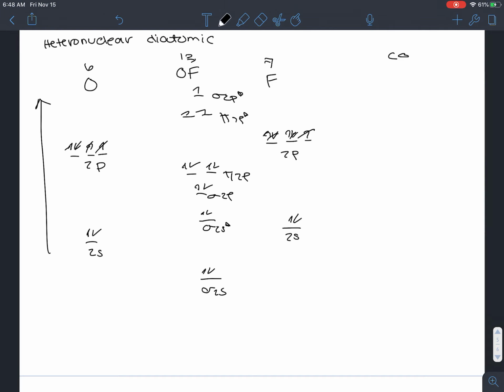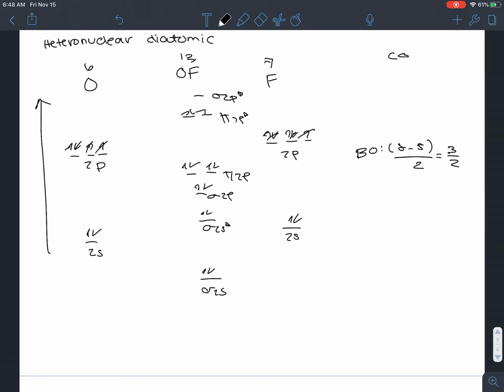So 2, 4, 6, 8, 10, 12, and then I'm missing one, 13. Whoops, that wouldn't go there. It would still go in the P orbitals. Then your bond order would be 2, 4, 6, 8 minus 2, 4, 5 divided by 2, which is 3 halves.